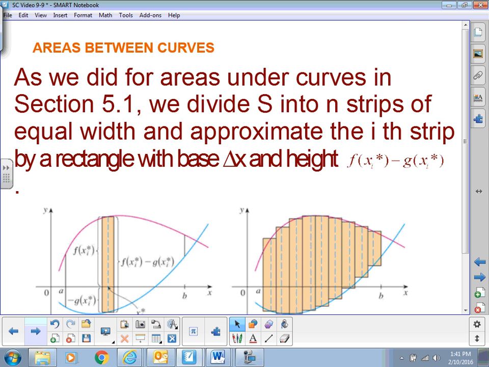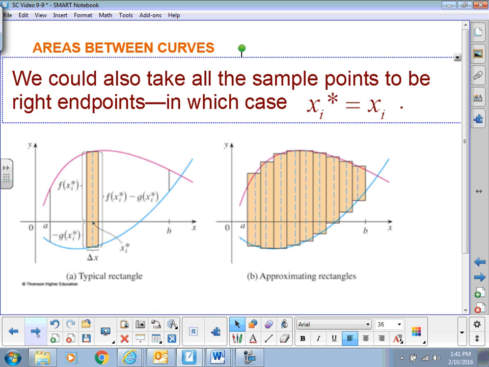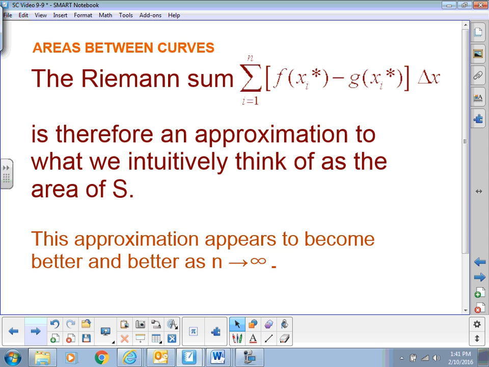Our general strategy is just like when we found area under the curve, we're going to split it up into a bunch of tiny rectangles, and essentially we'll take the sum of those rectangles to estimate the area between the curves. What will happen is we'll have our number of rectangles become very large.